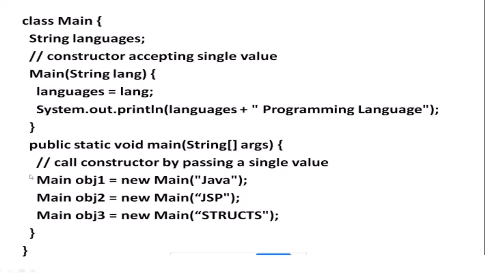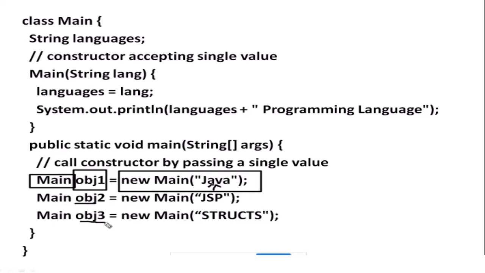Main is a class name and we have created obj1 as an instance of new Main. Within the parentheses, what have we given here? Java. That particular value is passed directly to the Main constructor. So you can create object 1, object 2, object 3 and so on.